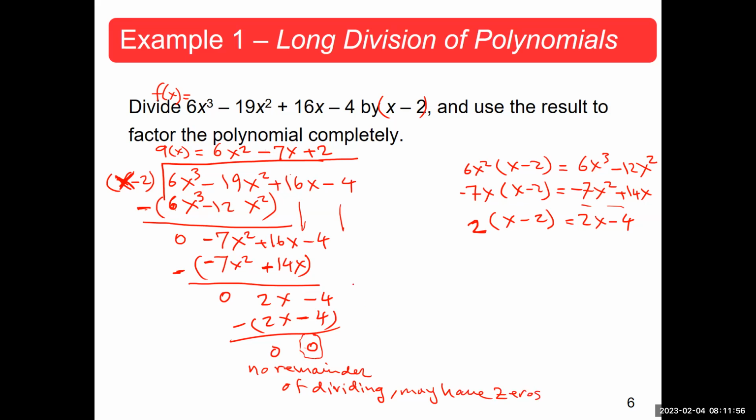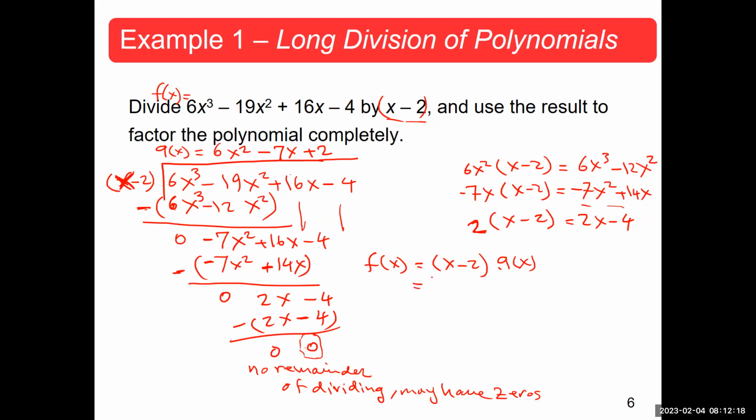Well, let's write the function again. f(x) equals x minus 2, that's the factor they gave us, multiplied by q(x).